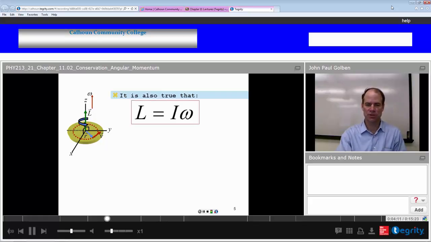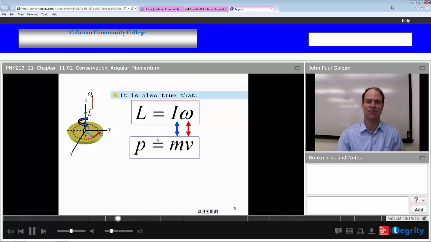It is also true that angular momentum is equal to the moment of inertia times the angular velocity. And note how similar this looks to linear momentum. If we substitute mass from linear momentum to moment of inertia, and we substitute in for linear velocity, angular velocity, we get from linear momentum, angular momentum.